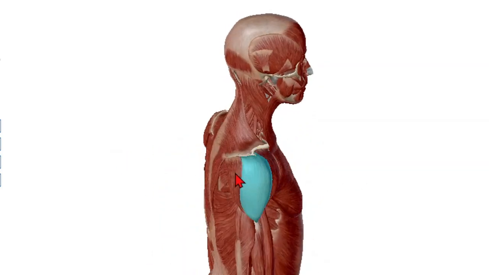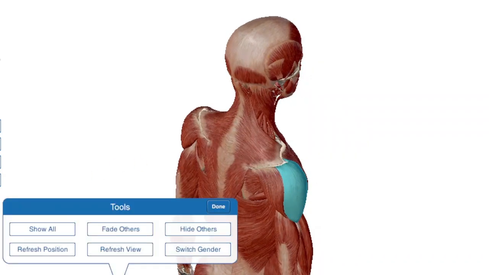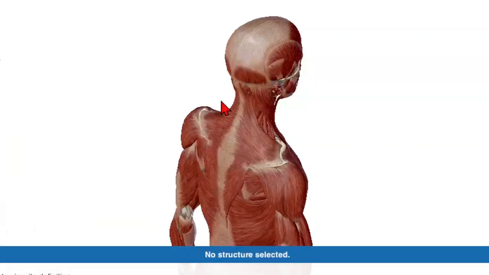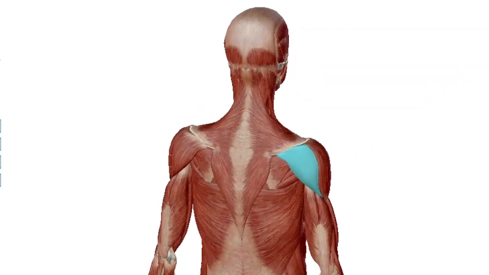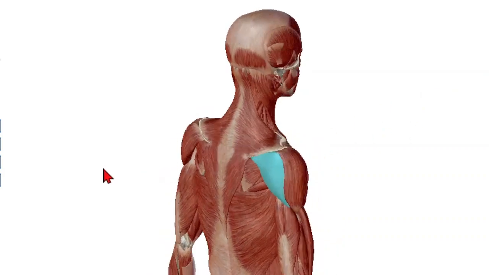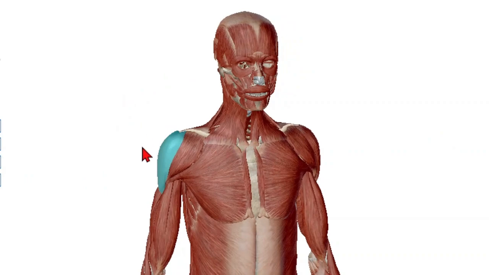The middle is attached to the acromion, and the posterior is attached to the spine of the scapula. So this is the deltoid muscle, and the nerve supply to the deltoid muscle is the axillary nerve.